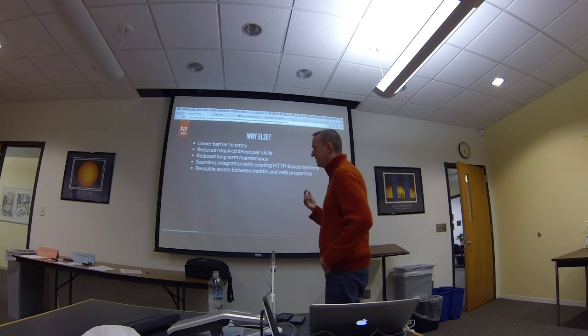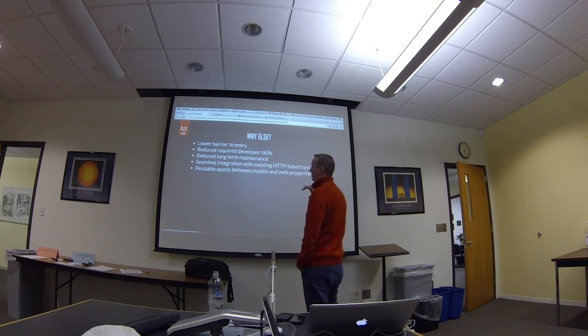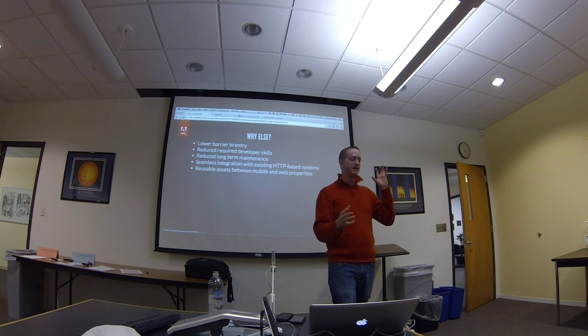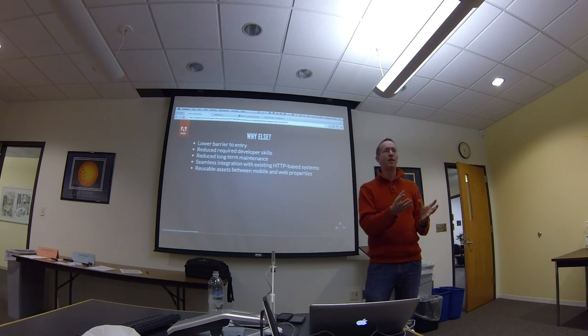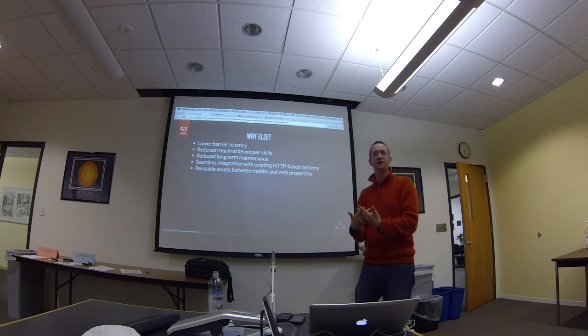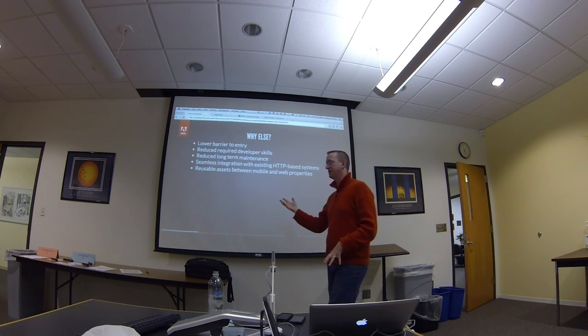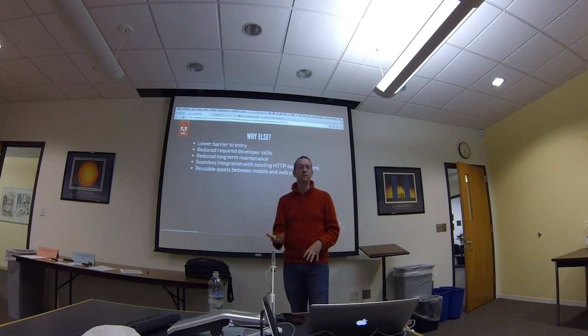Now, in addition to accessing anything that's currently HTTP-based that's already out there, you can reuse a lot of your content between different properties, meaning my desktop website, my mobile website, and my PhoneGap application, because they're all built on the same technology. So it's all HTML, it's all CSS, it's all JavaScript. So if I'm already using jQuery to make something dynamic for my desktop-based website, I can still use jQuery inside my PhoneGap app.